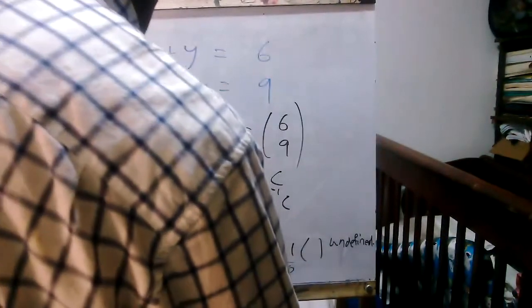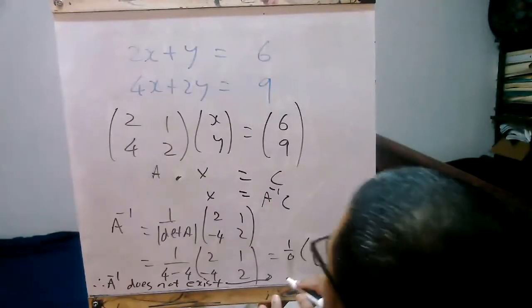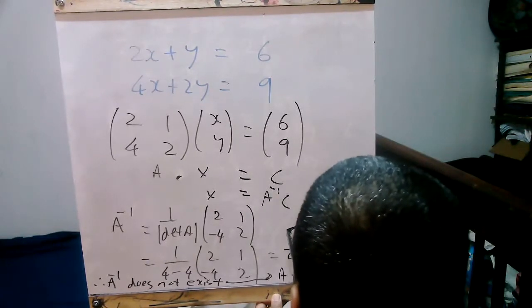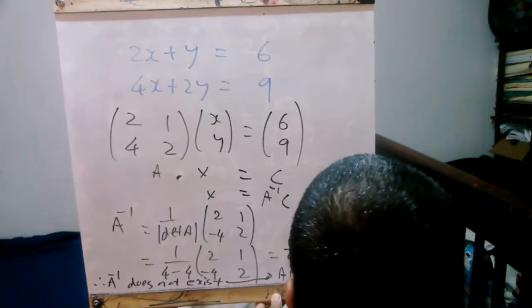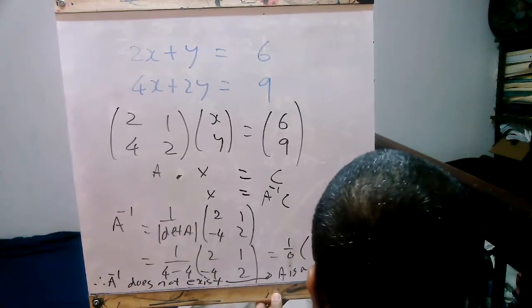This is 0 times this, undefined. This means A is a singular matrix.